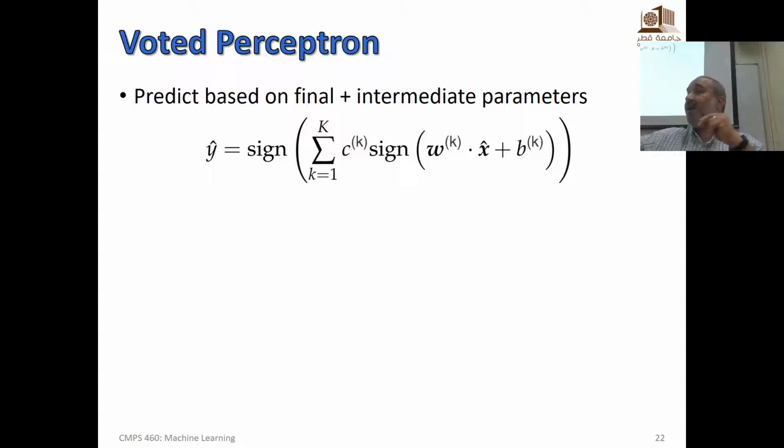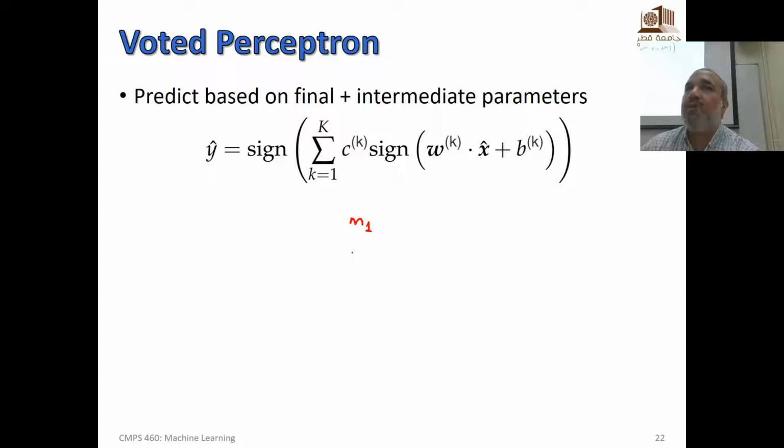By what we call the survival time, the number of examples that were correctly classified with that model. As that number increases, that means the model was stable for a long time. It was able to correctly predict the labels for many examples. So eventually we'll have something like this. Let's say that this is model 1.